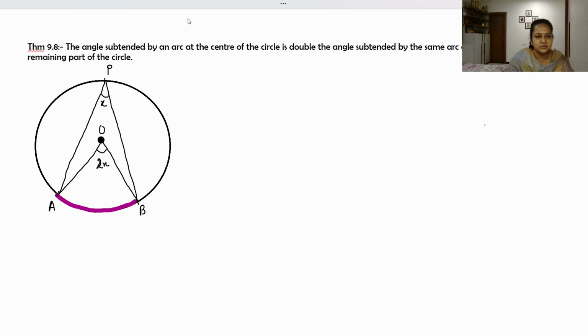Now let's understand what is given to us. We are given a circle with center O and radius OA. What do we know?